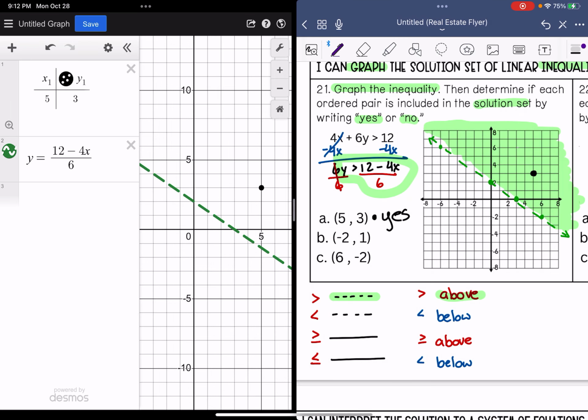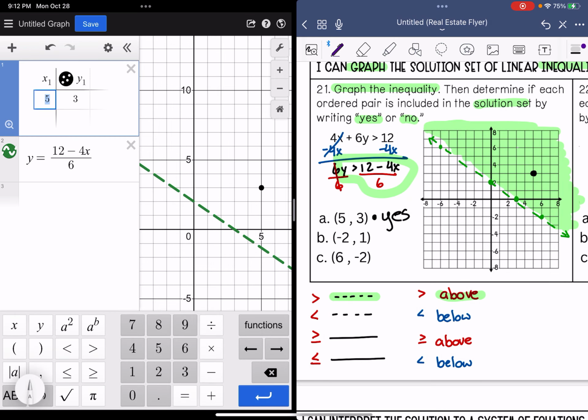I can do another point. Let's try point B. Point B, negative 2, 1. I can see that this one is under the line, negative 2, 1 over here. So since it is not in the shaded part, it is definitely not part of the solution set.